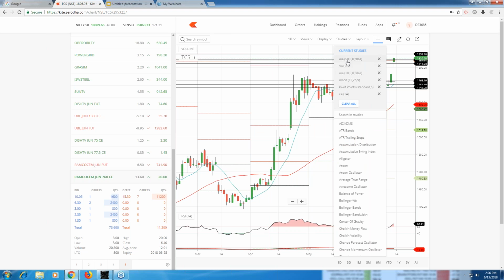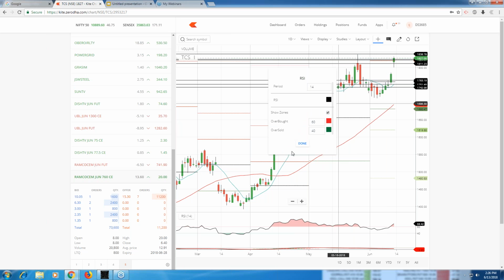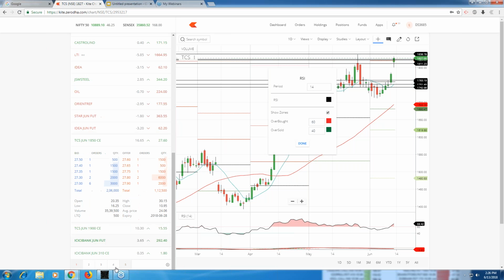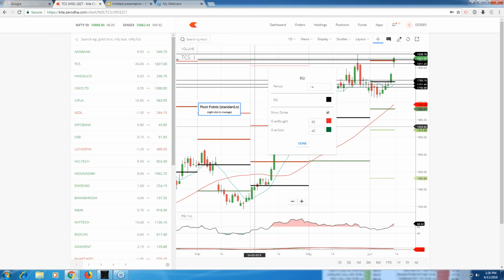That means if a stock goes above 60, to me, that's in the overbought zone. Or rather, I would say, the momentum is coming towards the buy side, right? And if the RSI is going below 40, that means the momentum is coming on the sell side, right?